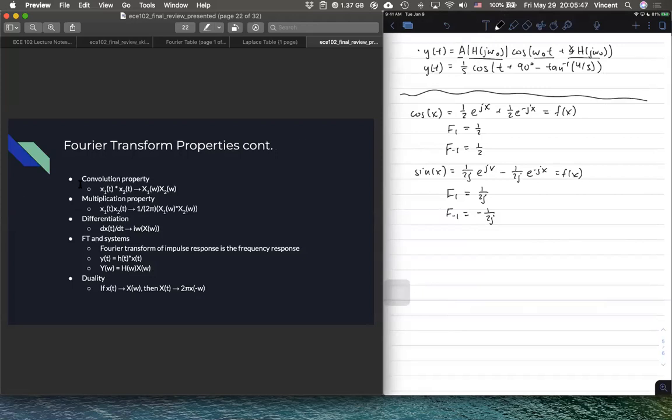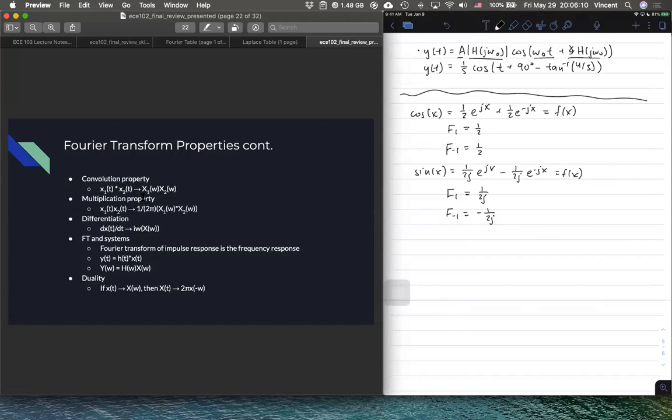Okay, these are just some more properties. This one we already went over, right? Convolution in the time domain becomes multiplication in the frequency domain, and the same is true the other way around. You notice a lot of these properties are invertible, so to speak. You can go either way, and it's the same. That's a result of what's called duality.